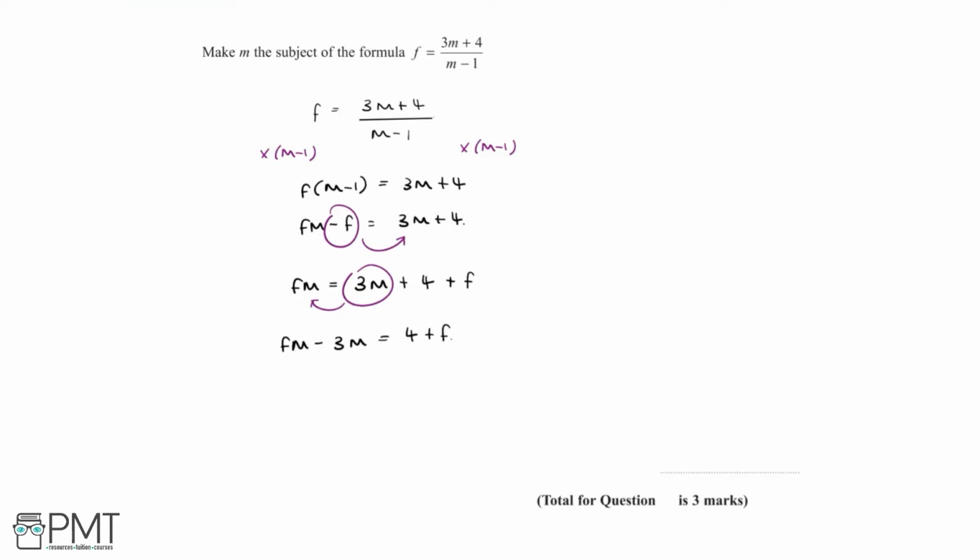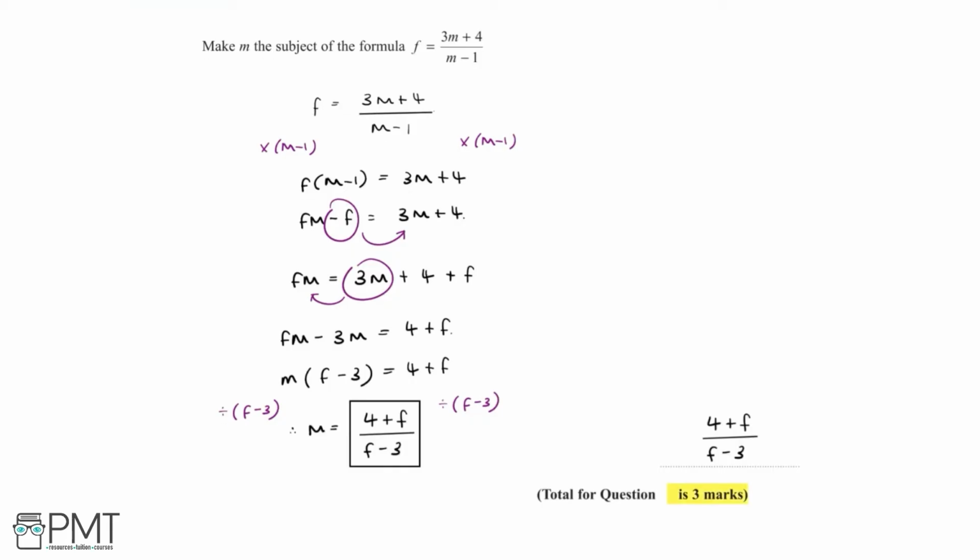Well, now in order to make m the subject, we want to have m on its own, and so we can factorise m from the left-hand side. And so we'll have m multiplied by (f minus 3) is equal to 4 plus f. And now to make m the subject, we need to divide both sides by (f minus 3), which leaves us with a final answer that m is equal to (4 plus f) divided by (f minus 3).